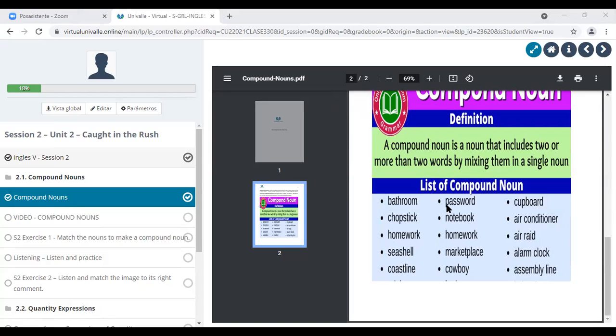Password, it's made up of two words as well, pass and word. Also here we have homework. Homework is a compound noun because it has two words mixing in one single noun, okay? That is when we have two words in one in order to make a single noun, okay? That is what we understand when we talk about compound nouns.